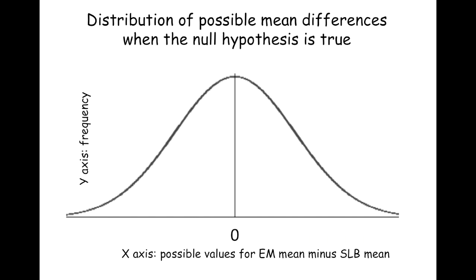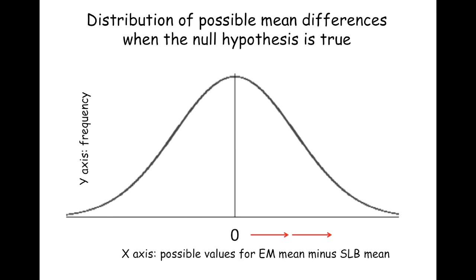If the null hypothesis is true, the researchers would expect their sample results to be around 0. But because of sampling variability, they might get results that favor self-ligating brackets, or results that favor elastic modules, even when there is no real difference between the two. The researchers hope to reject the null hypothesis, thereby establishing support for their research hypothesis.